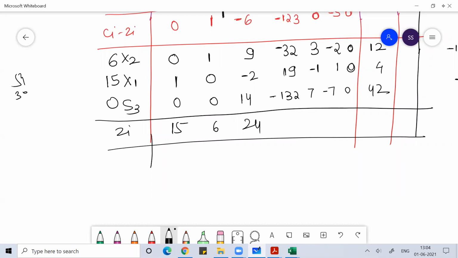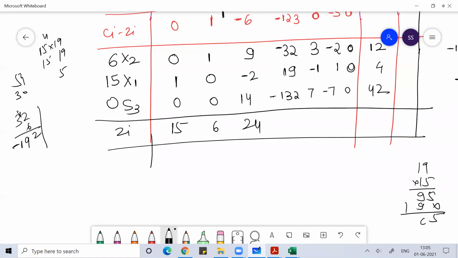32 6s are 192, minus 192. 15 9s are 135. 15 plus 9, 24 plus 8. 285 minus 192, this is 93.